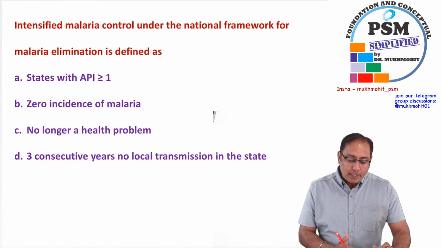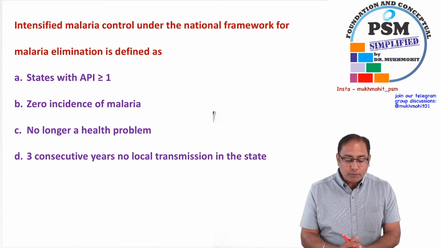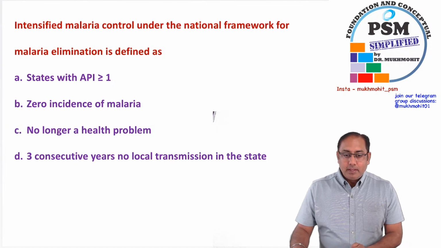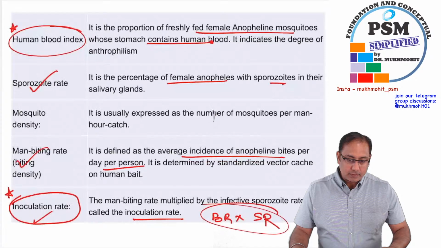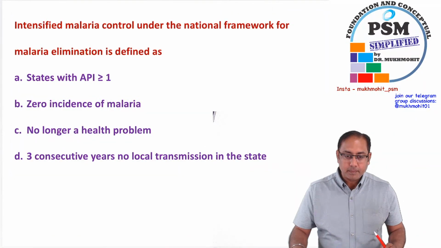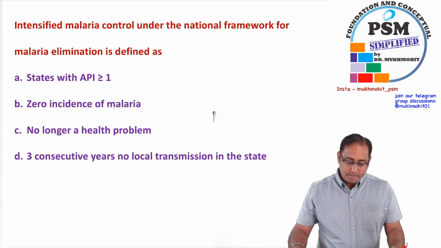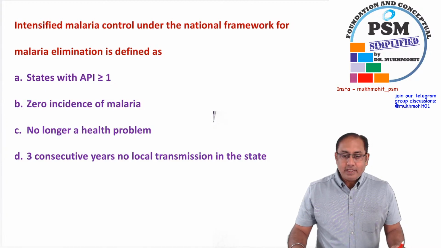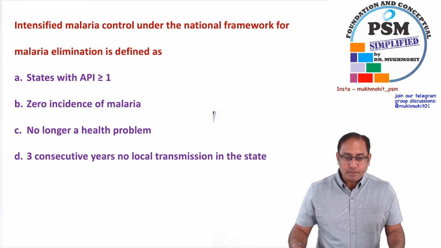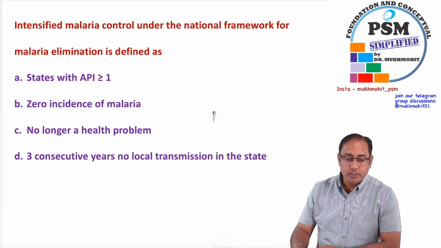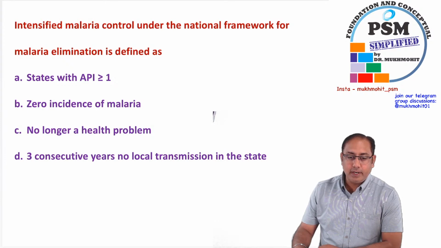Next: intensified malaria control under the national framework for malaria elimination is defined as, what do you want to say? Intensified malaria control under the national framework is defined as.